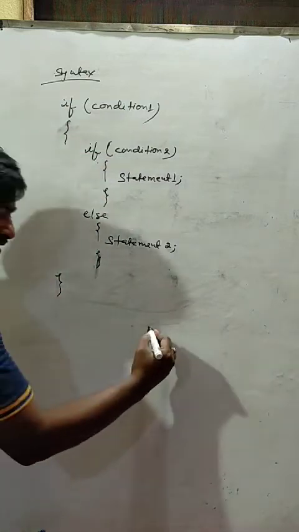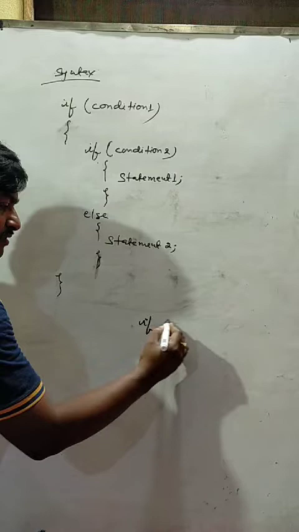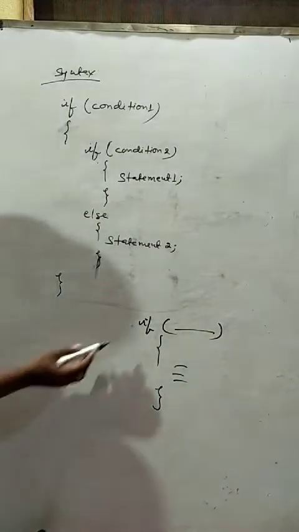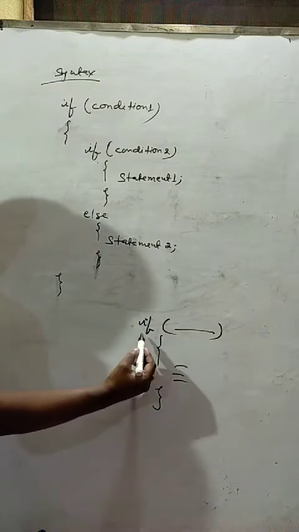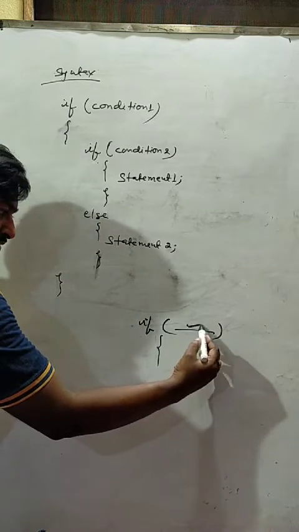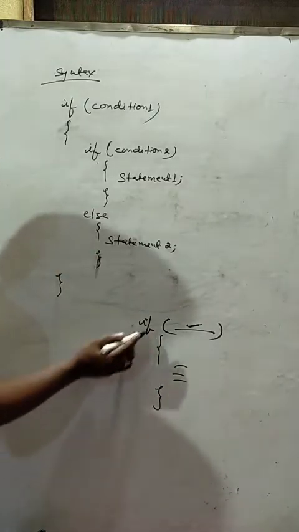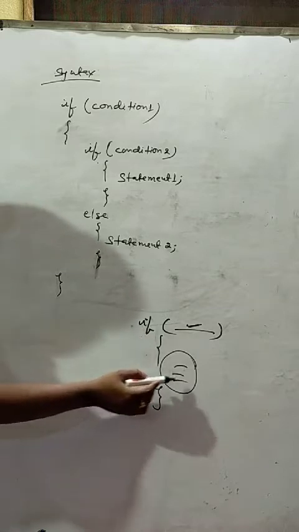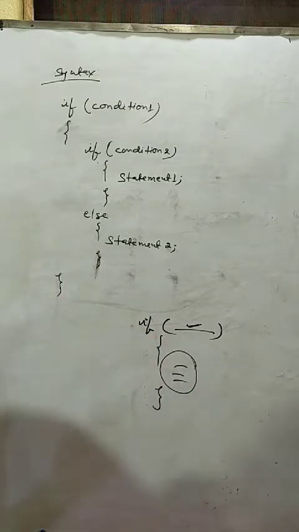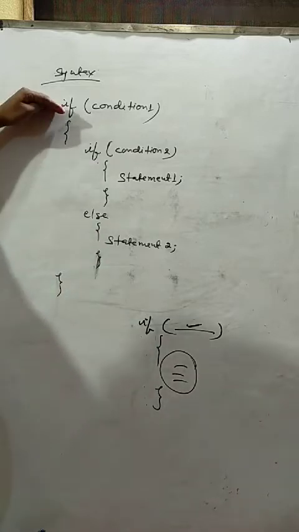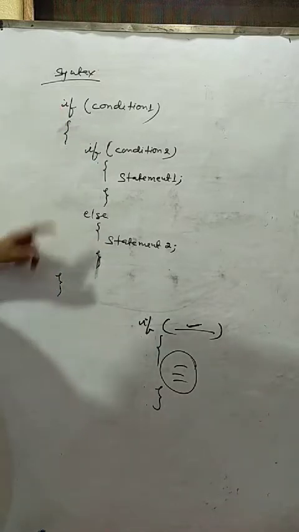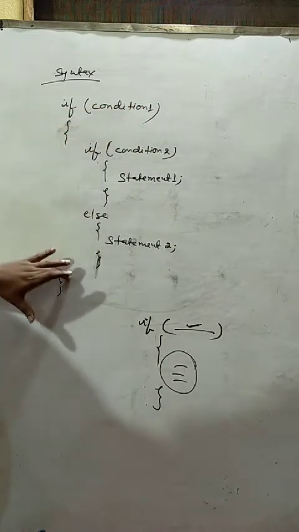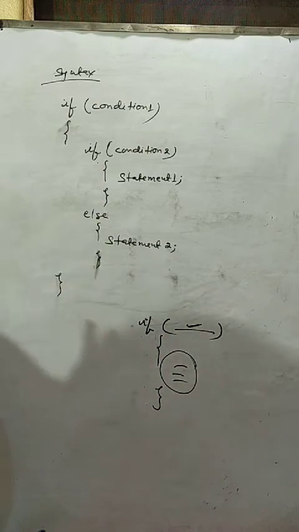The general structure of if is if, here is condition and there is statement. If this condition evaluates to true, then the statements within the opening and closing bracket of the if statement will be executed. This is the general working of if. Similarly, if condition 1 evaluates to true, then all the statements under if will be executed.